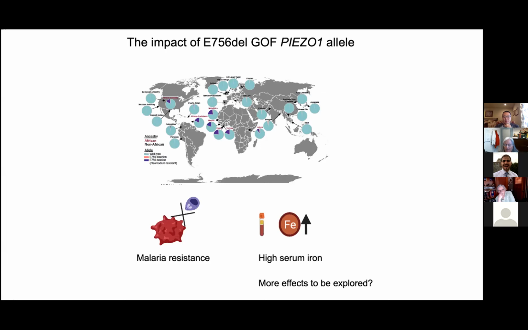One more question in the chat. Go ahead and ask that, Thomas. You said more effects to be explored. This mutation is very high in African Americans. That's very, very interesting. The fact that it dehydrates, this should make patients with sickle cell disease have much worse disease. I'm wondering if there's any way you can look at that. That's an interesting question.